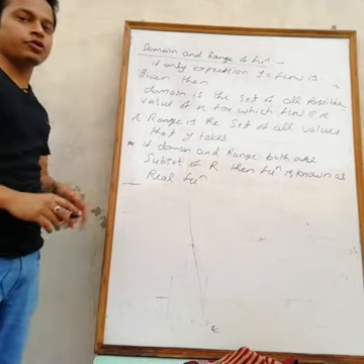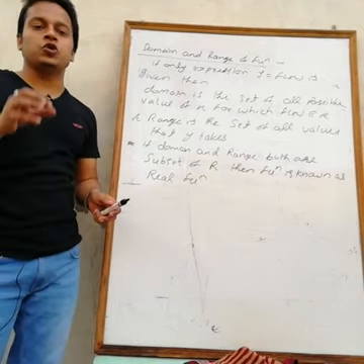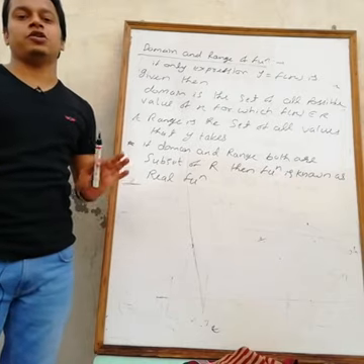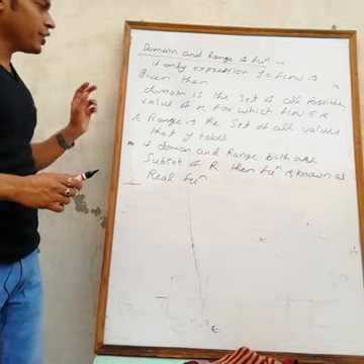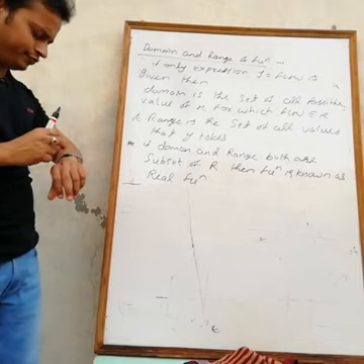So if it is given that a function is a real function, it means domain and range both are subsets of R. It means both are real. Write down this one, then we will take some examples.